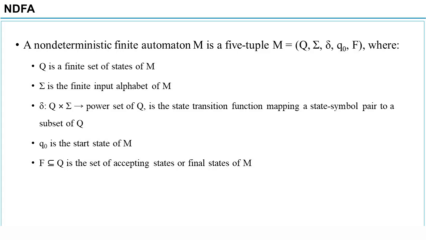The first one is Q, which is a finite set of states of M. Then Sigma, the finite input alphabet of M. Then delta, a state transition function mapping a state and symbol pair to a subset of Q. Then q naught is the start state of M. Then F is a subset of Q, which is the set of accepting states or final states of M.